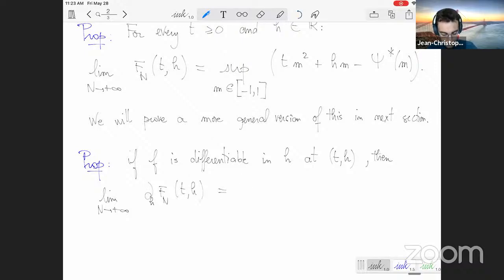I'm not going to write it down, but it works also in the t variable. If the function is differentiable in t, and let's say that t is not 0, because if you're at the boundary, bizarre things can happen, then the same statement is true.